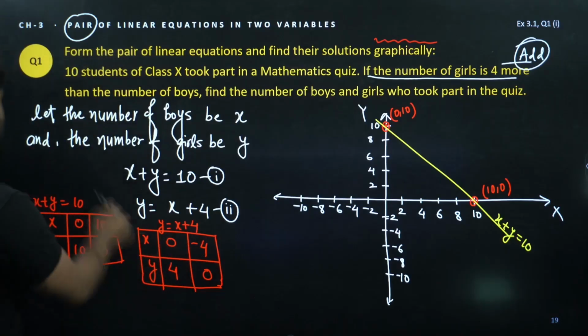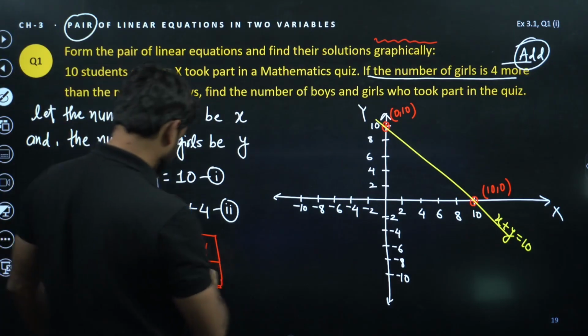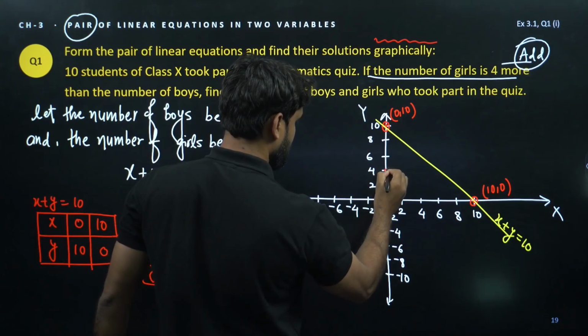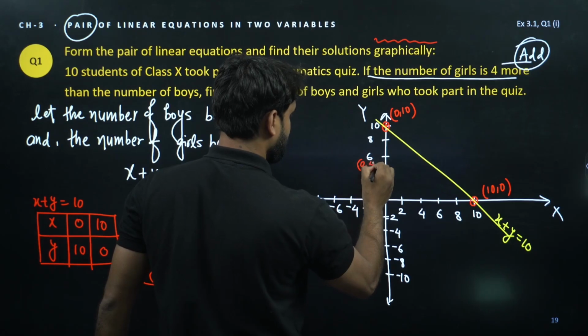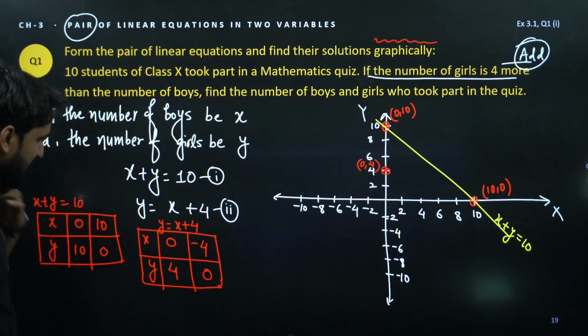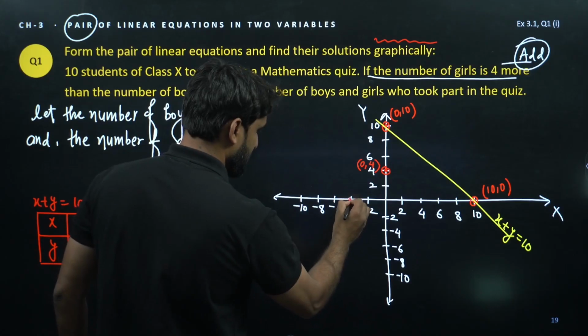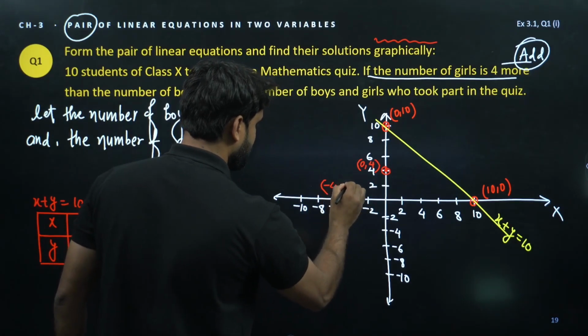Now draw the second line. When x is 0, y is 4, so this will be the point 0, 4. And when y is 0, x is -4, so this will come here, -4, 0.